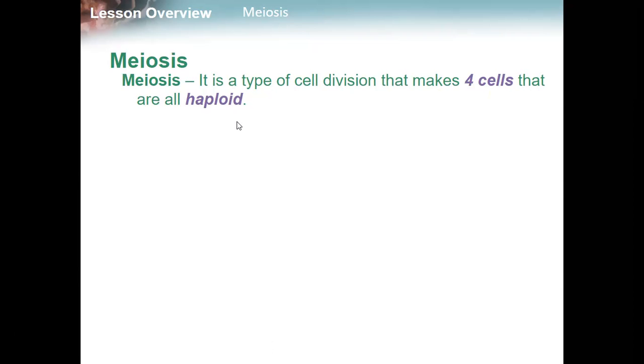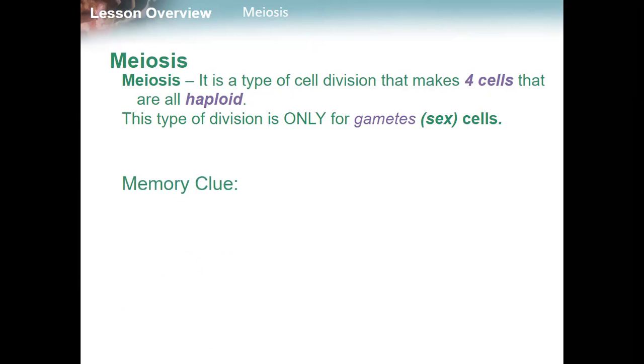They're half the number of chromosomes as there would be in body cells because it's only going to show either mom's information in the eggs or dad's information in the sperm. Meiosis is only for gametes or sex cells. So this type of cell division doesn't divide the cells in our ears or our heart, things like that. It's only for egg and sperm.